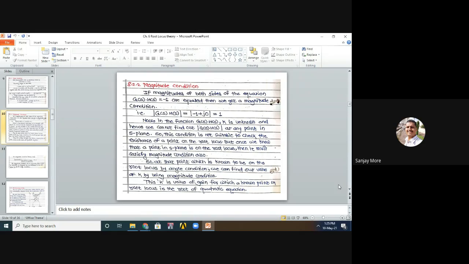So at that point, which is known to be on the root locus by the angle condition, we can find the value of K by using the magnitude condition. This K is the value of gain for which a known point on the root locus is the root of the characteristic equation.